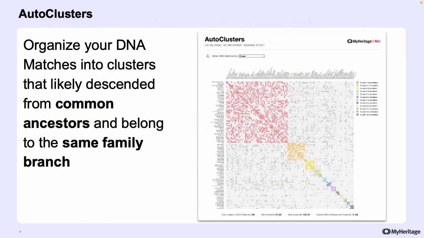This tool automatically organizes, by a click of a button, your DNA matches into clusters, and these clusters are likely descended from common ancestors and belong to the same family branch. So this is an automatic tool to visualize family branches and visualize matches and people that you are all related to through a certain common ancestor.